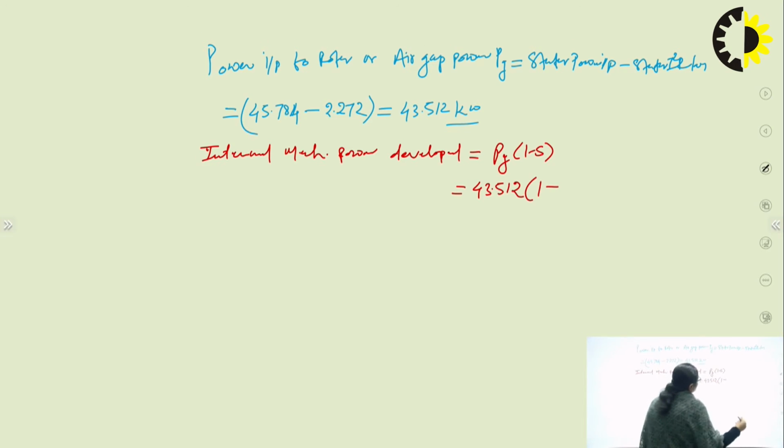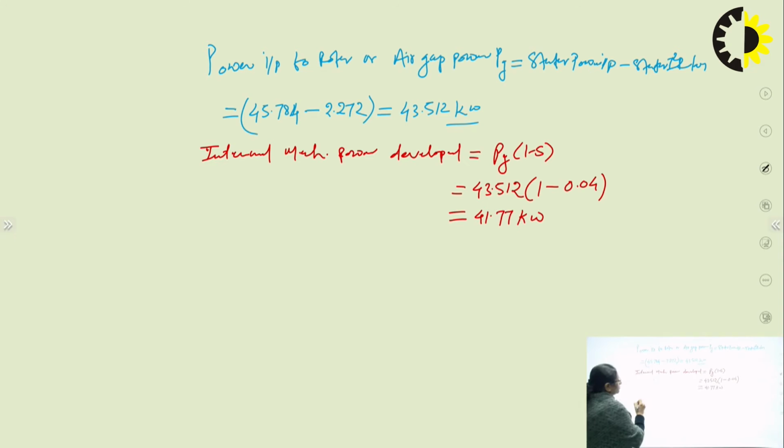The operating slip was given as 0.04. So 1 minus 0.04, and solving this, we'll get the internal mechanical power developed as 41.77 kilowatt.